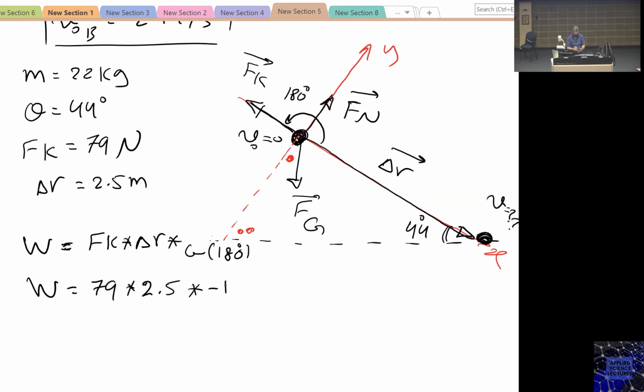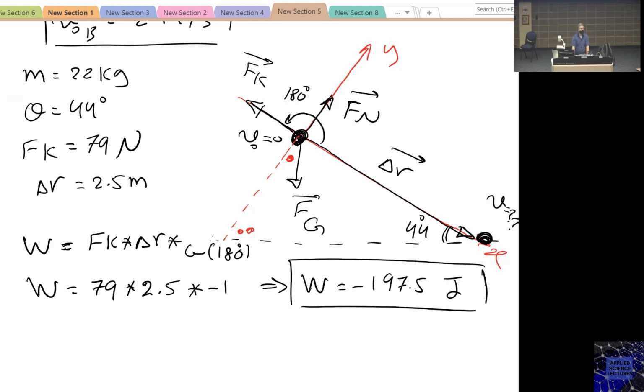And the work due to the friction is minus 197.5 joules. The work due to the friction is always negative. It's a lost energy, right?